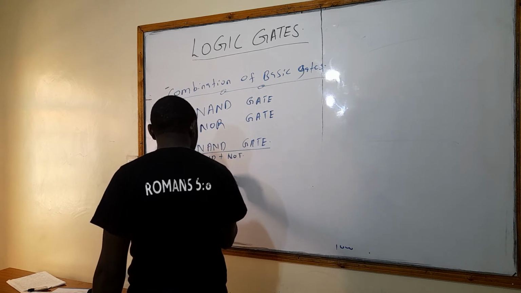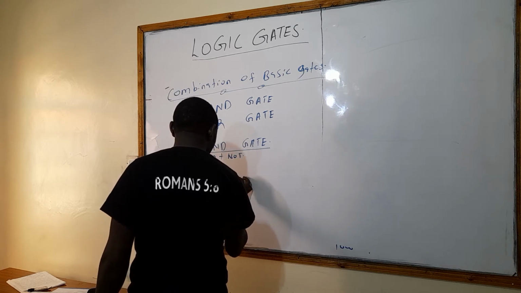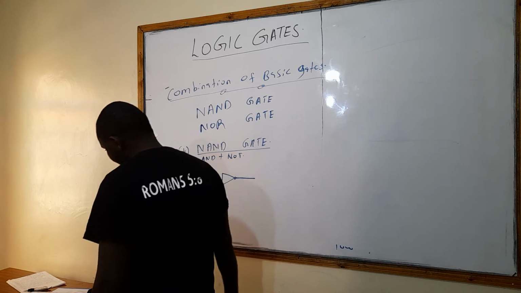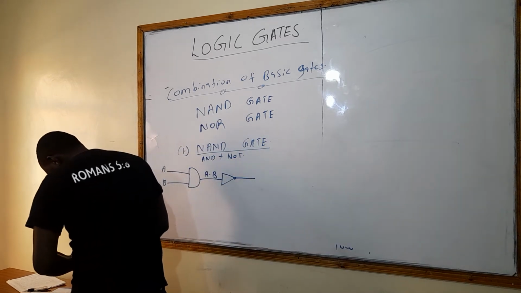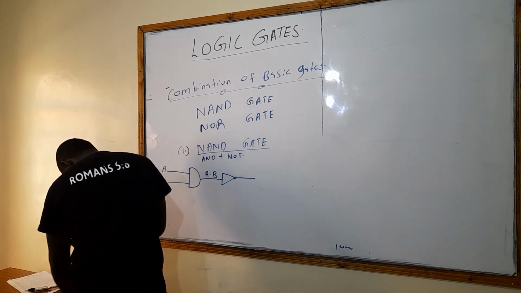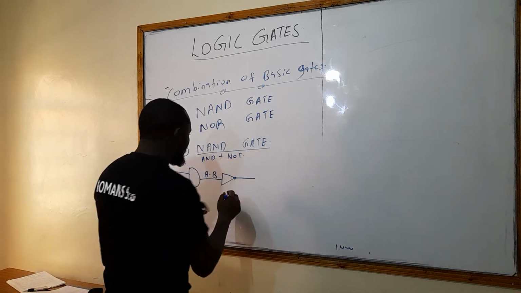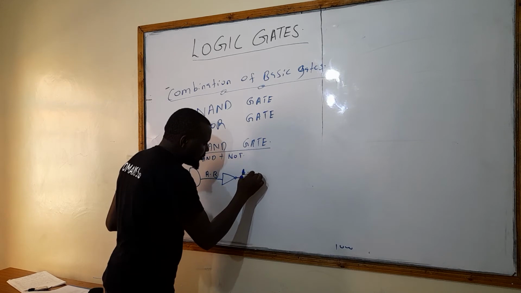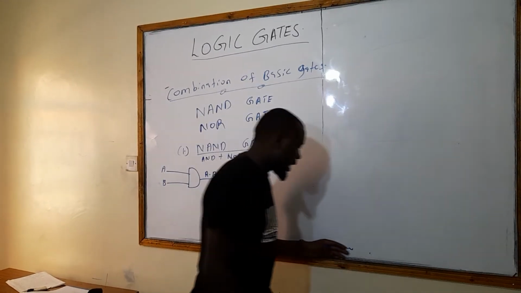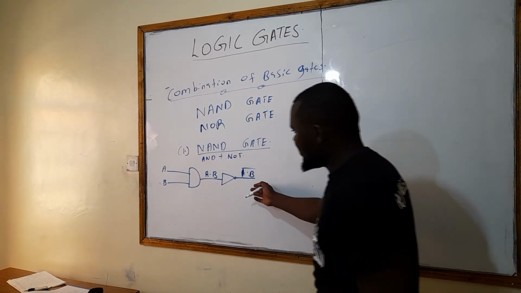So we have a NOT gate here. When you combine an AND gate and a NOT gate, this is what we are going to have: A dot B, bar.